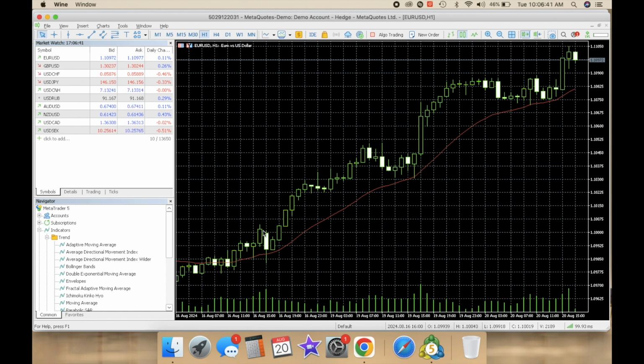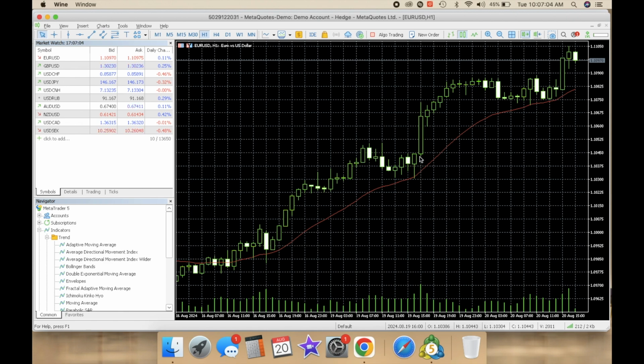For example, right here, when this bearish candle formed, it touches the EMA, and when it touches the EMA, that is when you will want to place a trade, and carry that trade on until it makes another bearish candlestick, or whenever you hit your take profit, if you have a take profit set.